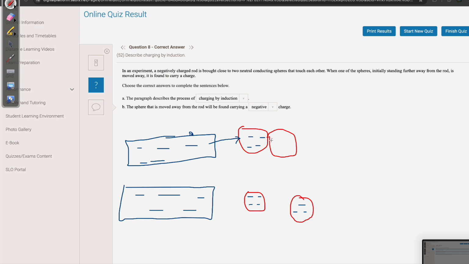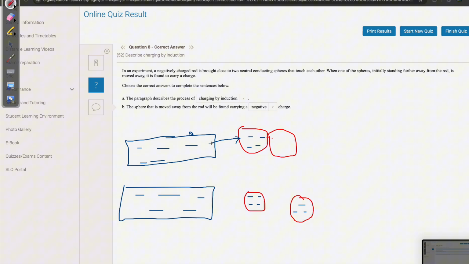Look, for this question, honestly, they just want you to get the idea of induction. And obviously for the second part, there is no way the sphere would get a positive charge. Come on, guys. The electrons go from the rod to the other sphere, and then from that sphere to the faraway sphere.